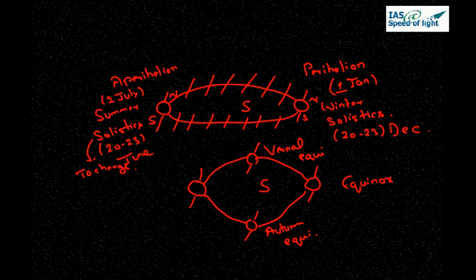The vernal equinox happens between 20 to 23rd of March, and the autumn equinox happens between 20 to 23rd September. So we have seen four different points of the earth, and when the earth is closest to the sun, this time we are having winters. Why?